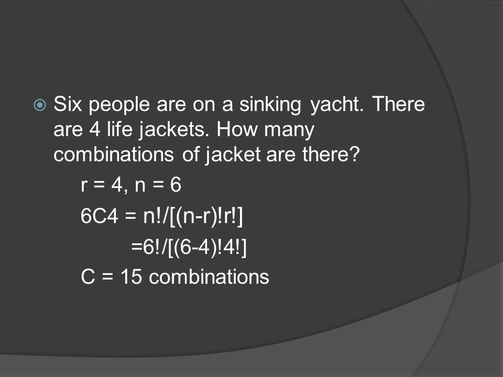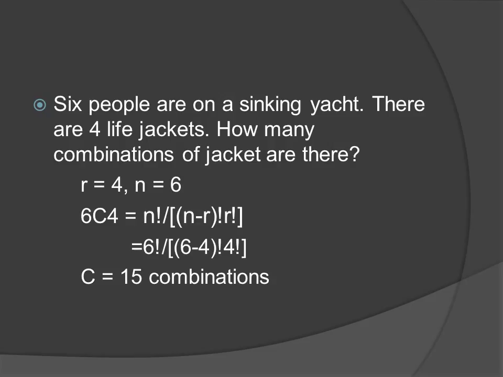Here is another example. 6 people are on a sinking yacht. There are 4 life jackets. How many combinations of jackets are there when r equals 4 and n equals 6?